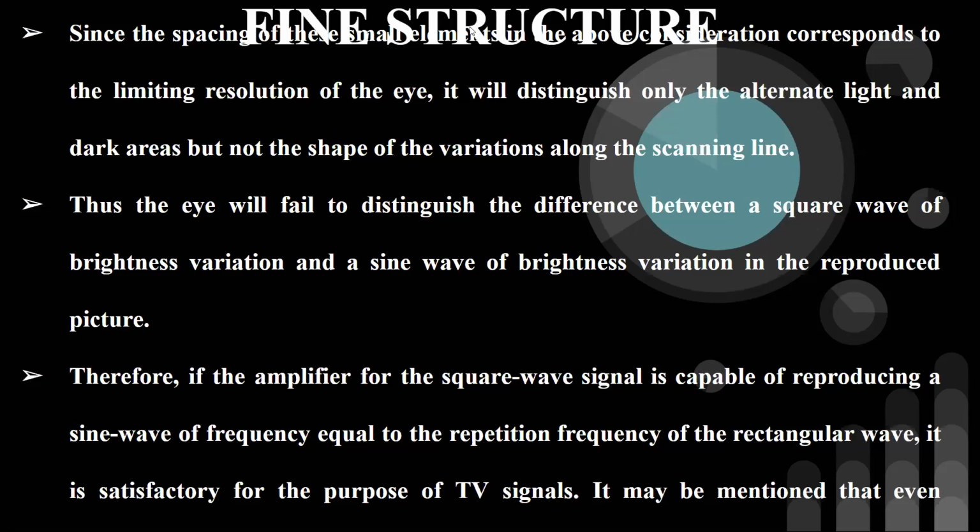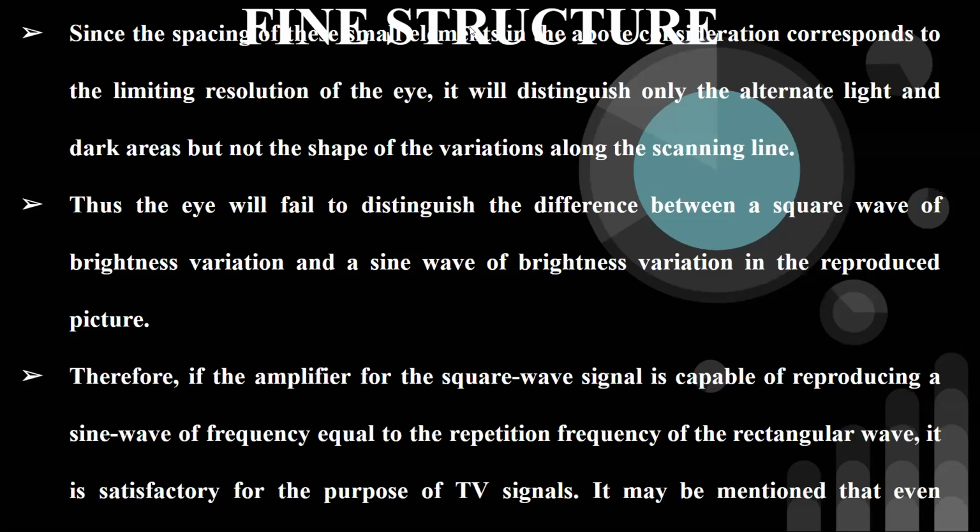So this is the reason our eyes are able to distinguish the difference of the square wave of brightness variation. Therefore, the brightness variations are reproduced in the particular picture.